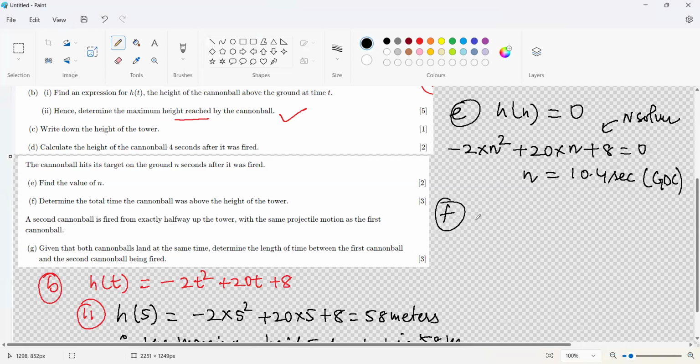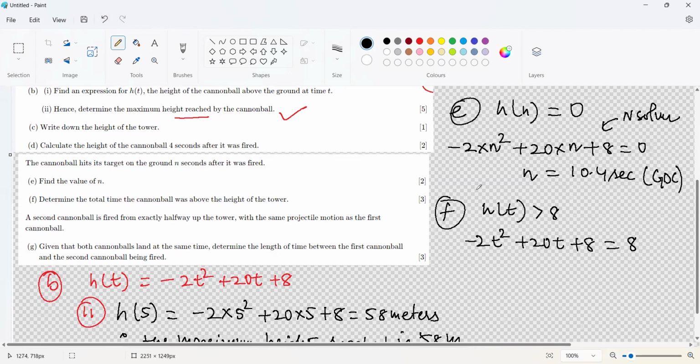So what is the expression? h(t) should be greater than it. Negative 2t square plus 20t plus 8 should be equal to 0, and I'll solve, I'm sorry, not 0, equal to 8, because 8 is the height of the tower.